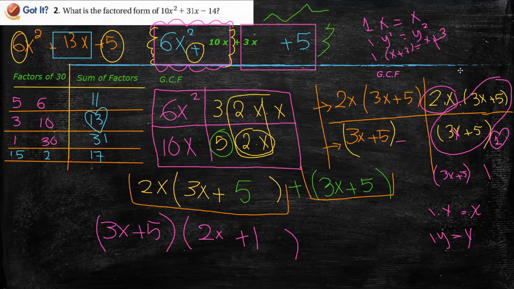Because if you multiply it by 0, you will get 0. If you multiply it by 2, you will have another answer. This one is hidden, but I will have to use it. If you remove 3x plus 5, what will you have? You will have 1. So the factored form of this trinomial here will be 3x plus 5 times 2x plus 1.